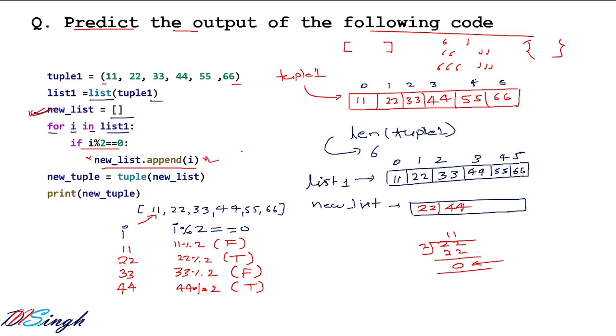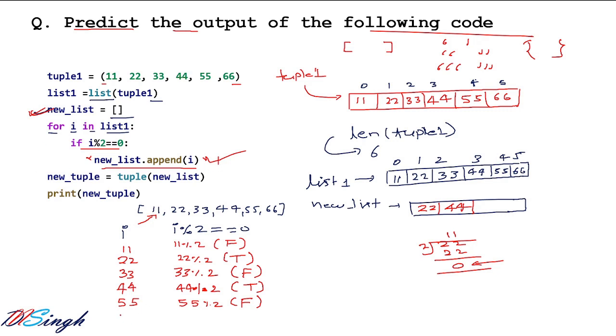This statement will execute for i equal to 44, and 44 will be added at the end of the list. Then for the next iteration, i will be 55. 55 mod 2 results in false, so nothing will happen, because this statement will not be executed when i value is 55.